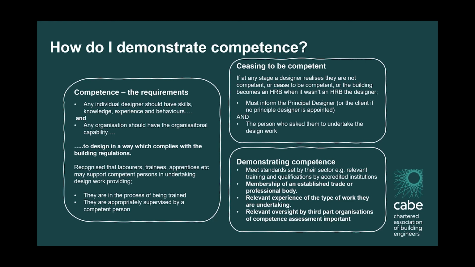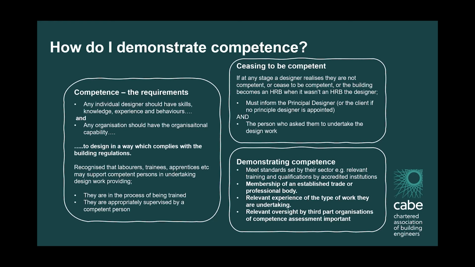It's recognised within this framework that people will be in training or being supervised, and that's okay as they build up their knowledge and understanding to become competent, providing that they are actually formally in a process of training and are appropriately supervised.